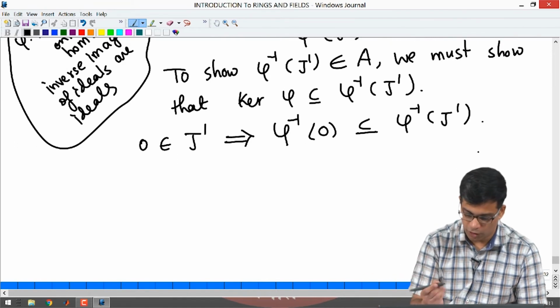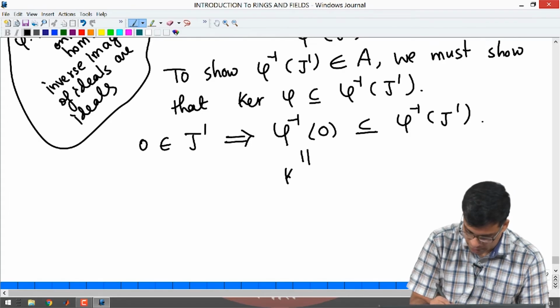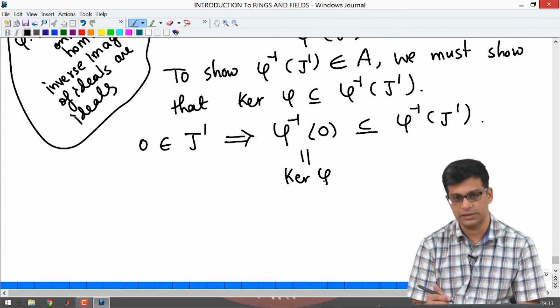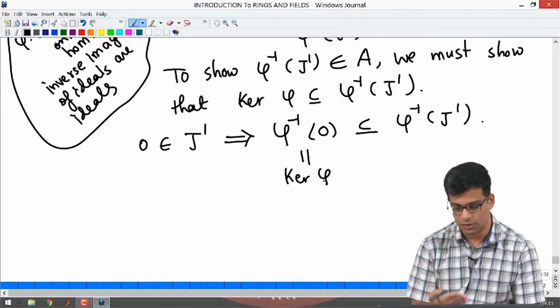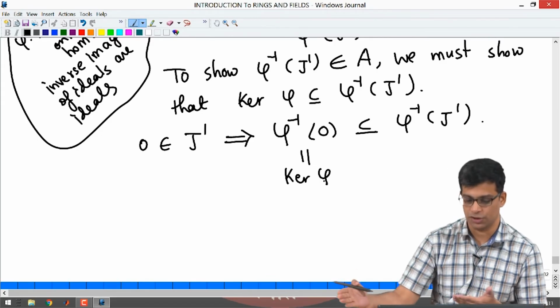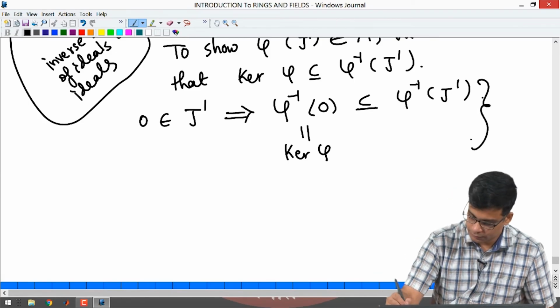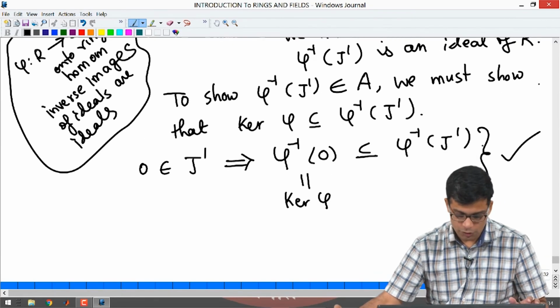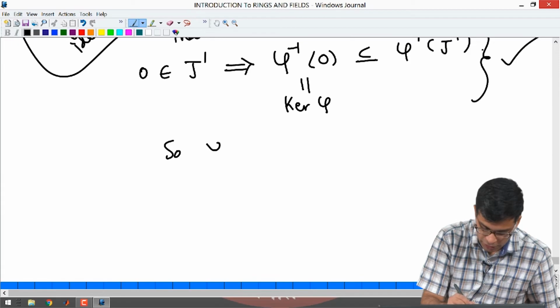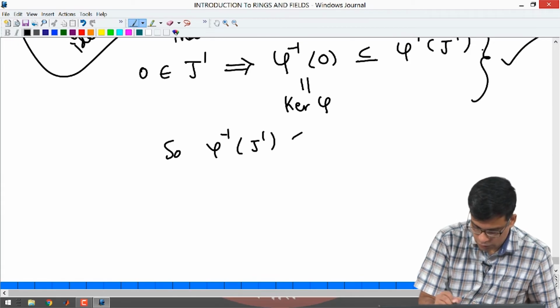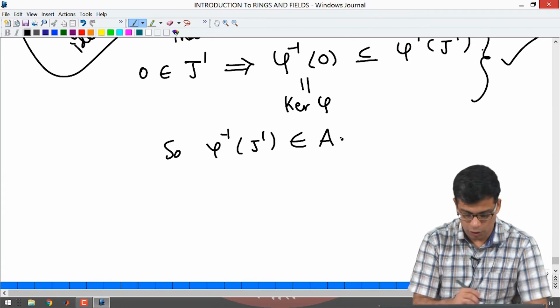So, this is okay, but what is phi inverse 0? This is by definition kernel phi. This is just a different way of writing kernel phi, because kernel phi is the set of elements which map to 0, that means kernel phi is phi inverse 0. So, phi inverse J prime does belong to A.